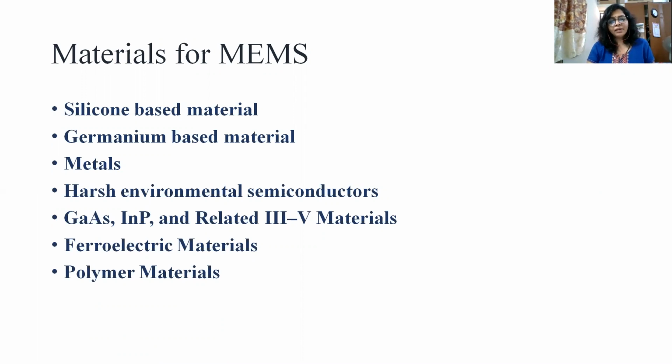Then metals, which include numerous metals. Then harsh environment semiconductors, which are silicon carbide and diamond. Then gallium arsenide, indium phosphide and related materials, and ferroelectric materials, and at the end polymers.